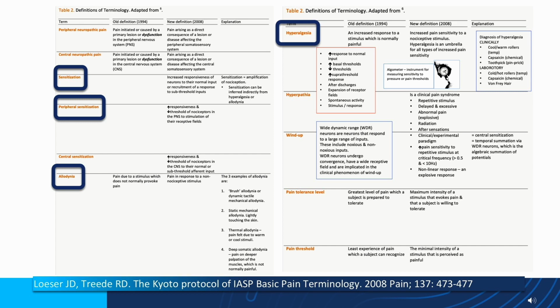2 parts to sensitization I want to bring your attention to. One is allodynia and the other is hyperalgesia. They're 2 terms that are good to know, good to understand the difference between them. Allodynia means all, so think about all sensation hurts. That includes brush.